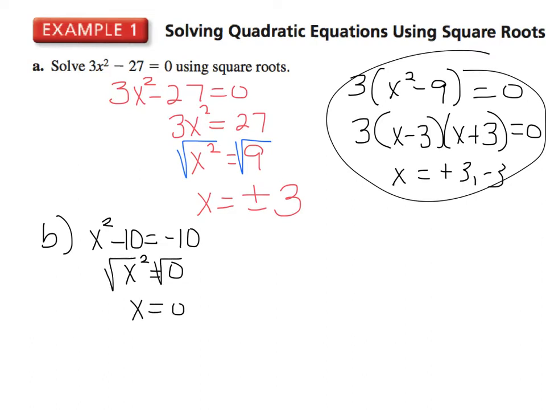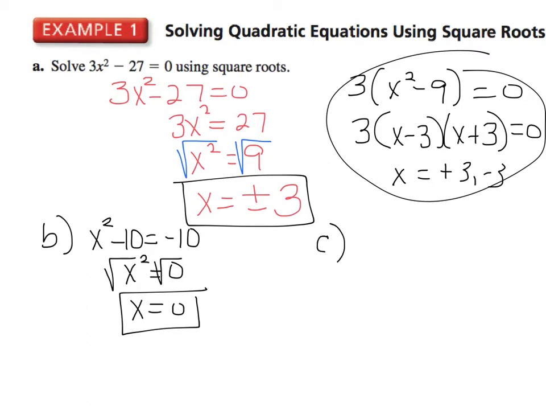That just gives me root 0, which is just 0. So my answer is x equals 0. Notice we're using our key ideas. If this number here, which is 9, is bigger than 0, I get two real answers. If my number is exactly 0, I get one answer.